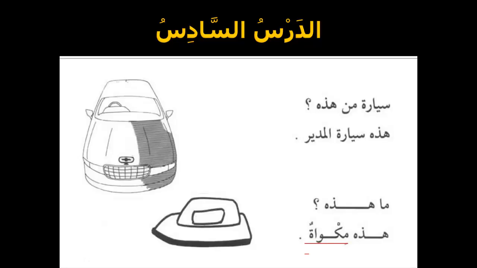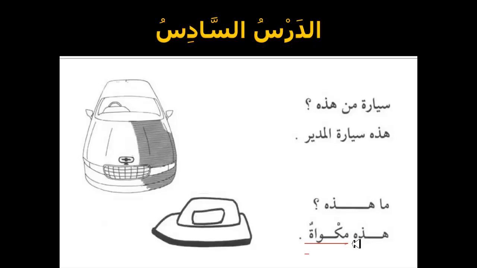ما هذه. What is this? ما هذه. What is this? And look at the picture on the left here. And the answer is هذه مكوة. This is an iron. An iron, something we use to iron clothes with. We have to make sure we don't get that mixed up with hadid, which is another word for iron, for the metal.